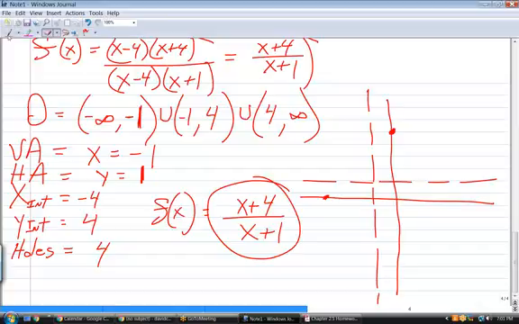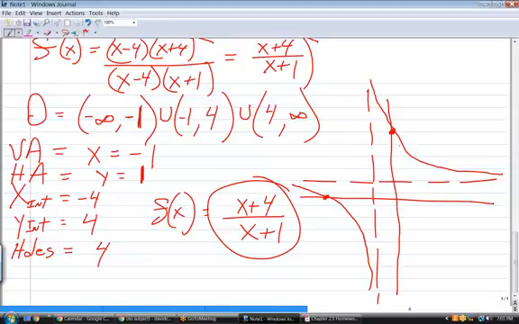So the fact that I know I cross the y-axis there, and I'm asymptotic to both of these asymptotes, means that's in the first quadrant. And this one must look like that.